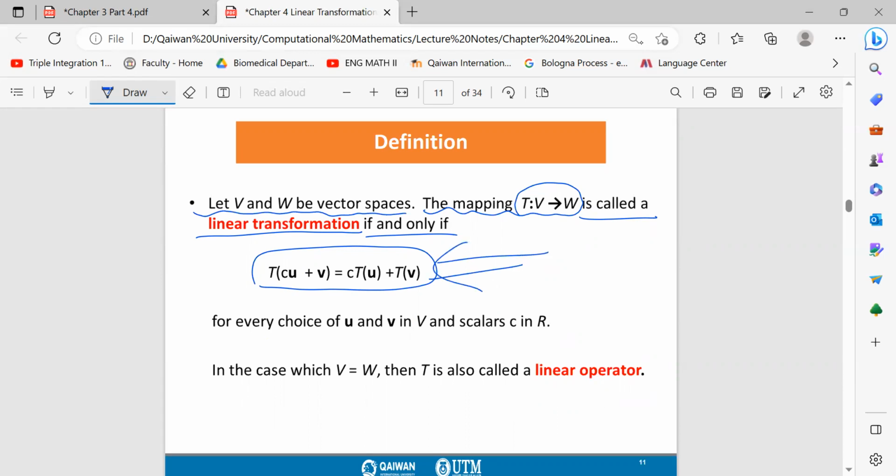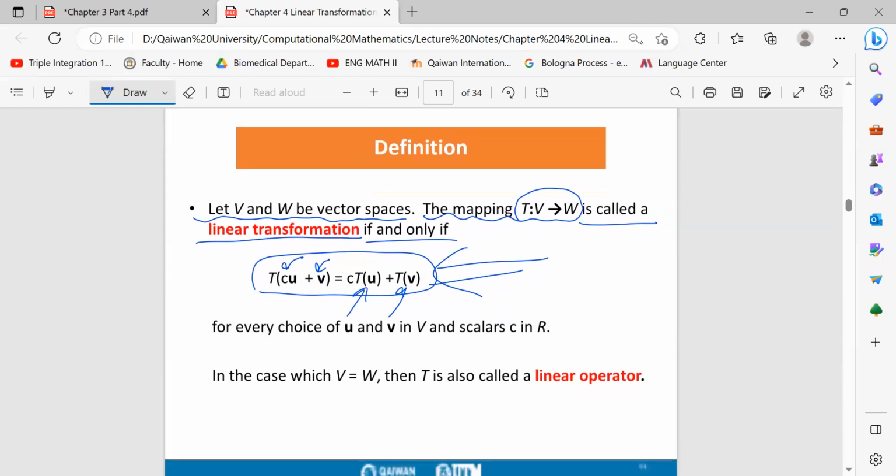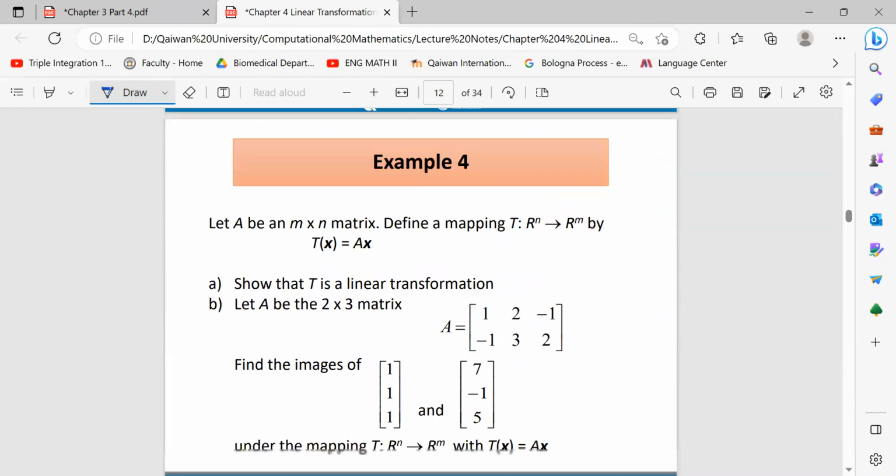This is the condition. If you multiply u by c, then add v and map it, it must equal c times T of u plus T of v. If these two are equal, we say the mapping is a linear transformation.